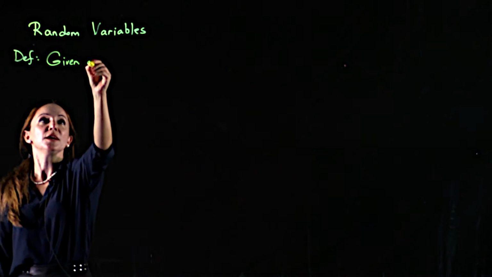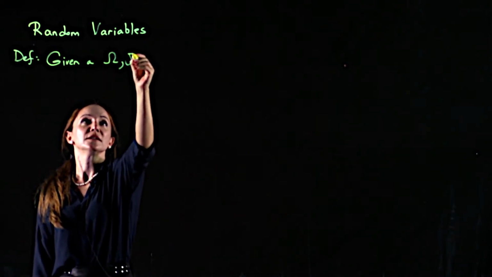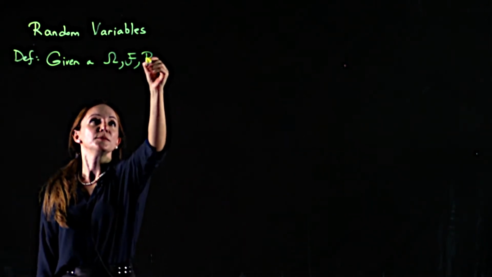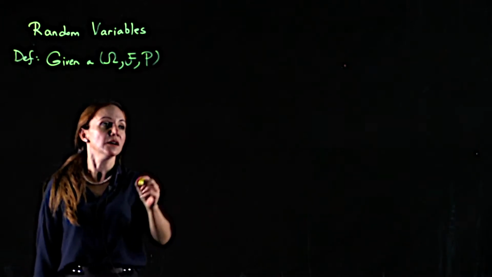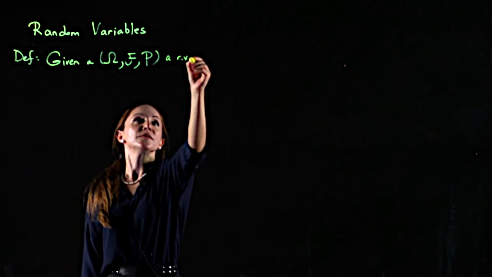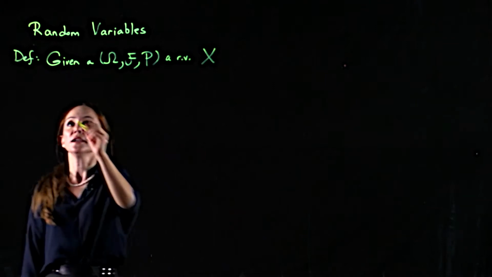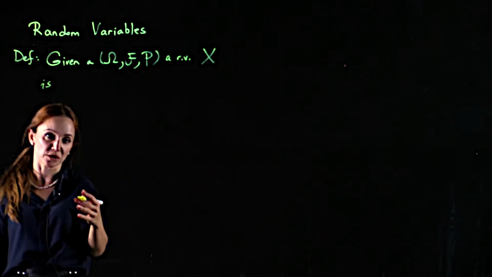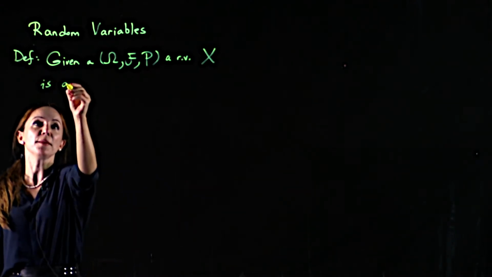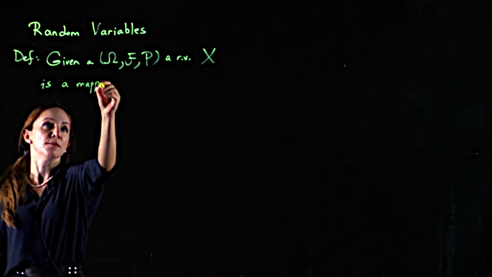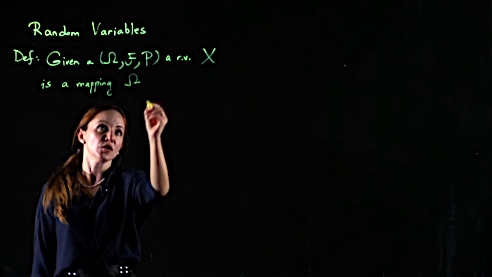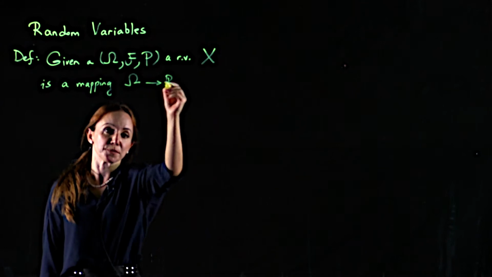Given a probability space omega, F, and P, a random variable X is a measurable function. Particularly, it's a mapping from the sample space omega to the real numbers.